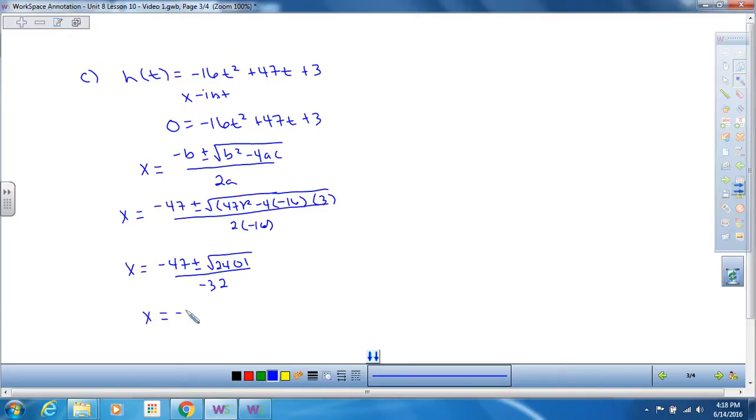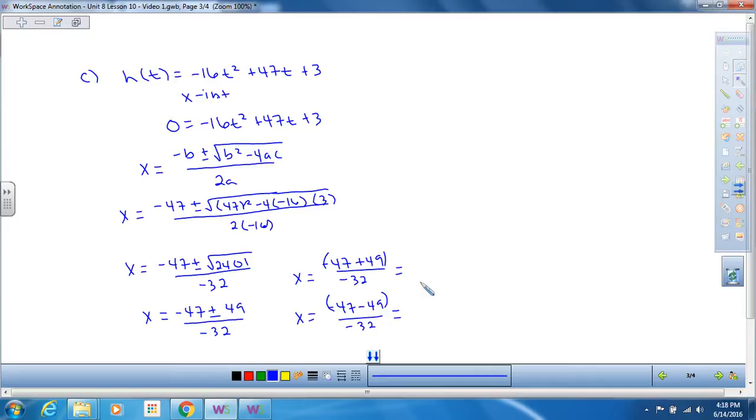So the square root of 2,401 is a whole number, 49. So I have two answers. We'll talk about which one we choose. So x equals negative 47 plus 49 over negative 32, and x equals negative 47 minus 49 over negative 32. Again, make sure you do the top first, so either put it in parentheses or hit enter before you divide.